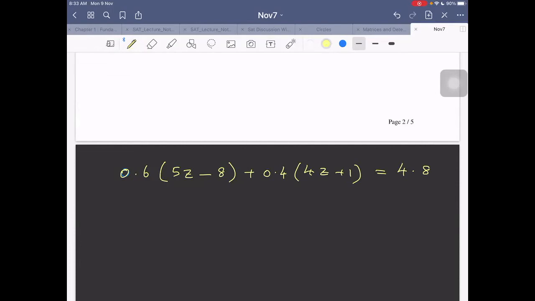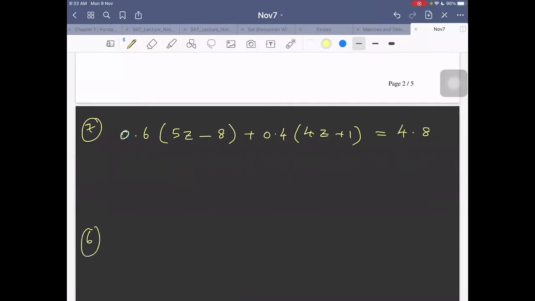And remember, this is our question number 7. And our previous question, question number 6, was nothing but 3 times 5z minus 8 plus 2 times 4z plus 1 is equal to 24.